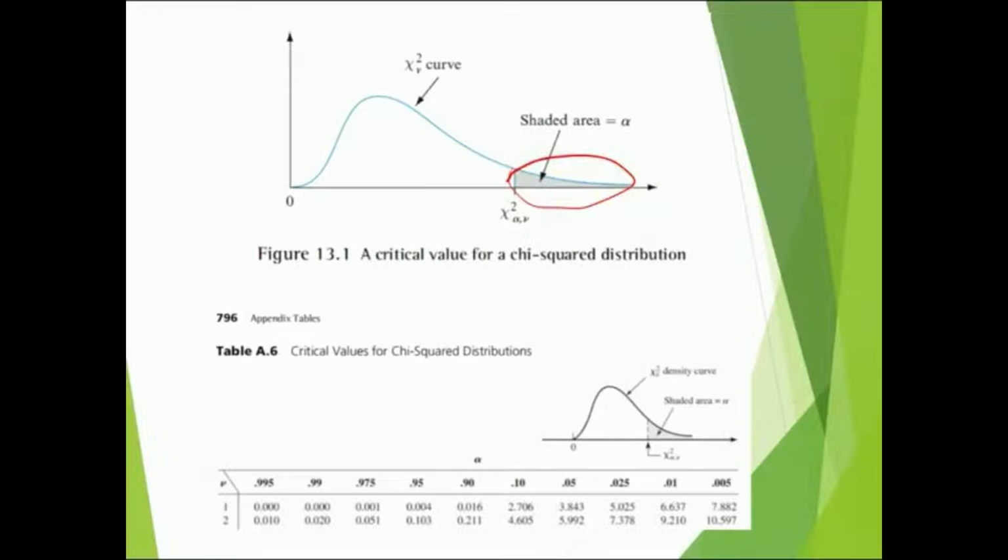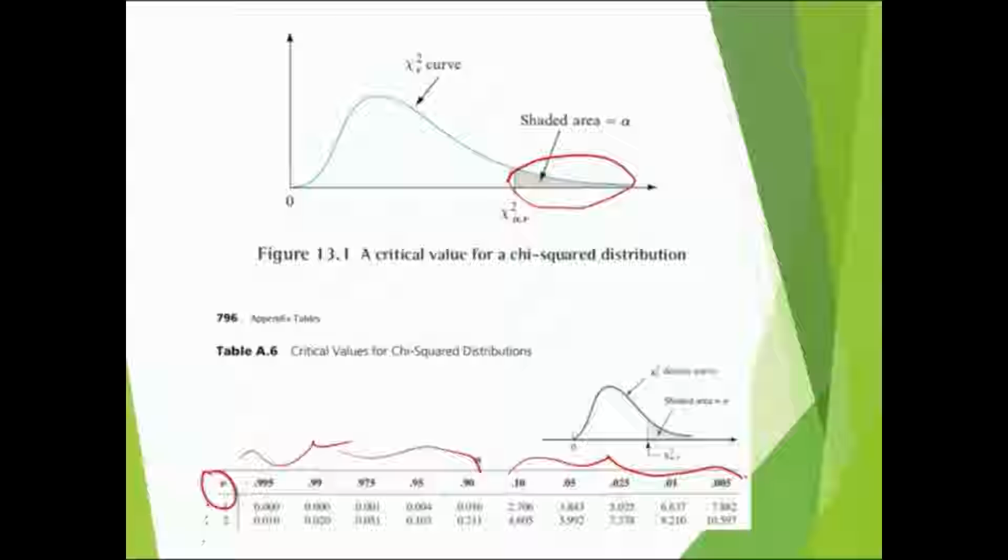If you want a left-sided critical value, you focus on the first columns in your table, and if you're looking for a right-sided critical value, you focus on the right side of the table, and down in the rows you get the degrees of freedom.